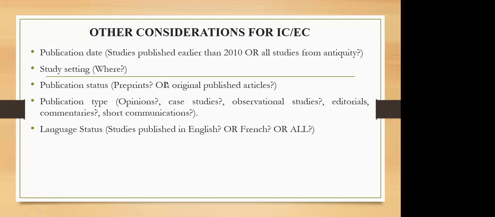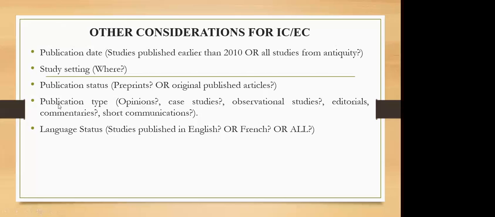Because of the quality of evidence, we can also have what we call a living systematic review, which is a systematic review that is still undergoing continual updates. A living systematic review might include preprints, so that also forms part of the considerations for our inclusion and exclusion criteria.